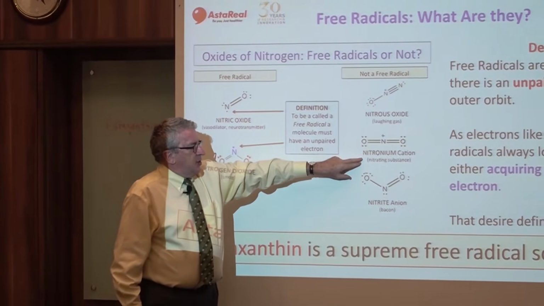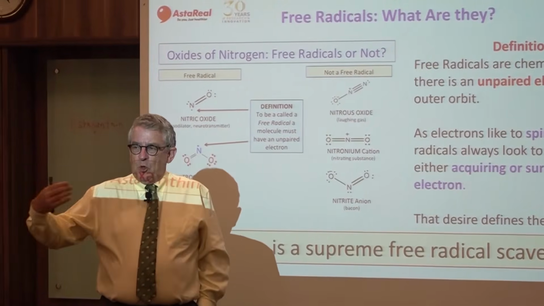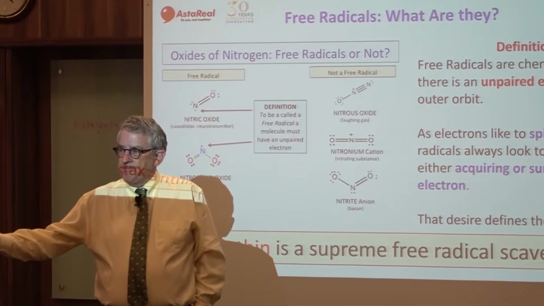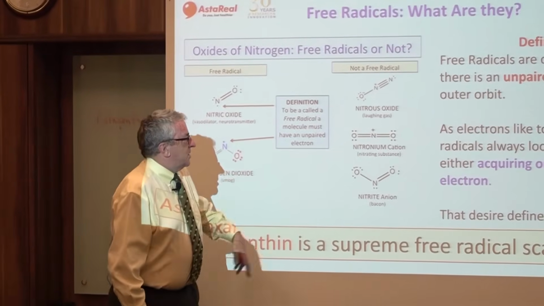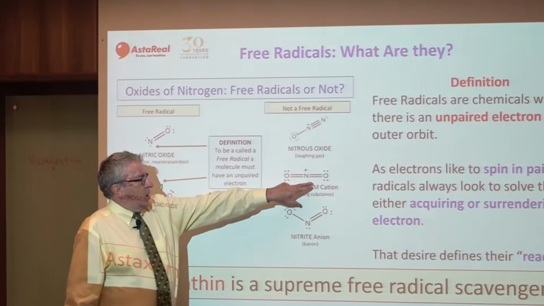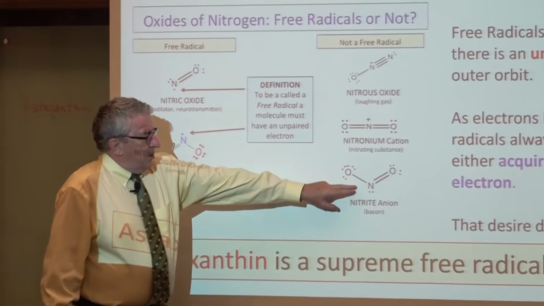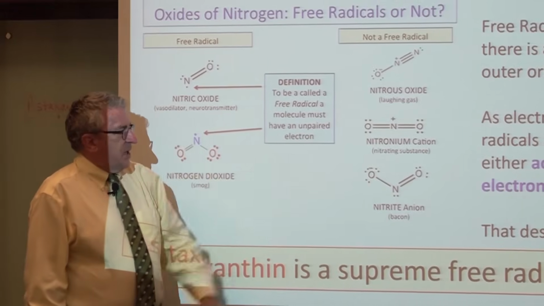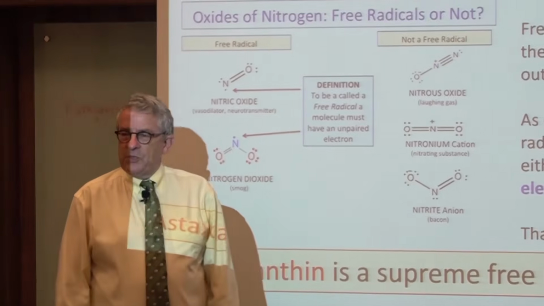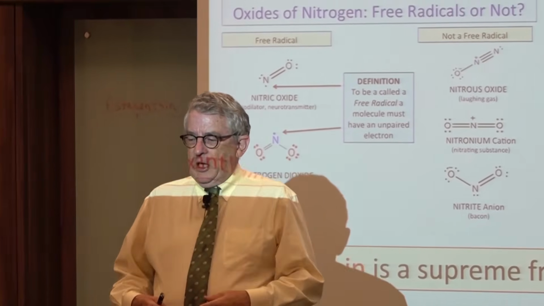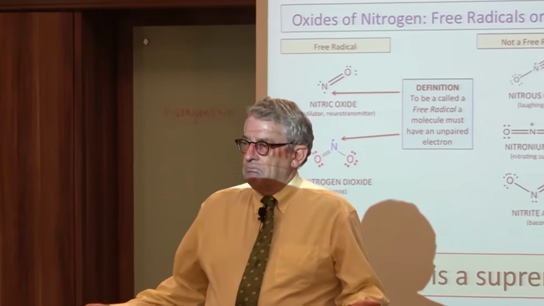Nitronium cation, which is a nitrating substance, it's the thing that forms nitrosamines, which are carcinogens. Not nice. We don't want that, right? It's NOO plus. Nitrite. Again, one nitrogen, two oxygens, but that's negatively charged. That one's positively charged. And nitrite, as you know from being a way of preserving meat like bacon. No big deal.